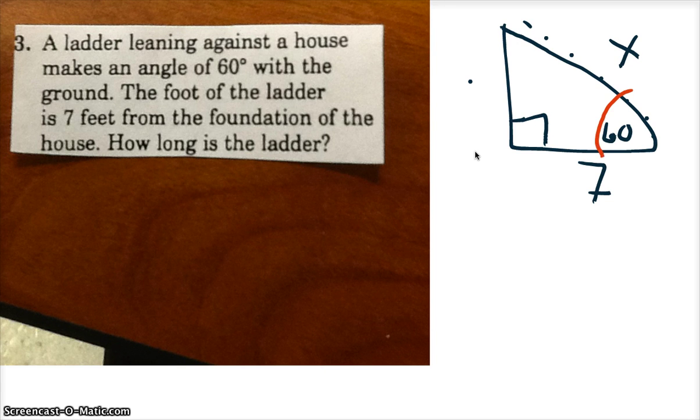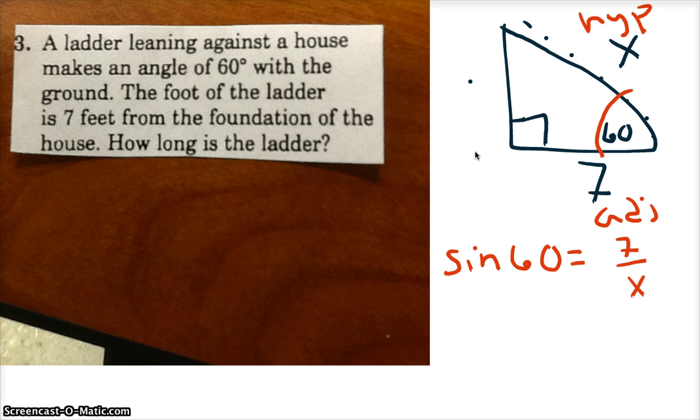How long is the ladder? So if this is my angle. Okay, so the 60 degrees is my angle. The 7 is my adjacent. The x is my hypotenuse. So which one do I use? Sine. So sine 60 equals adjacent over hypotenuse. When the x is on bottom, they switch places.